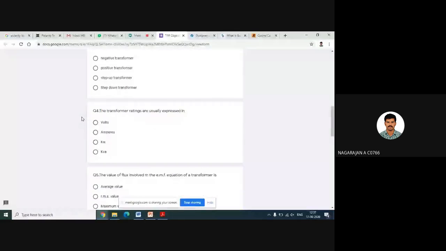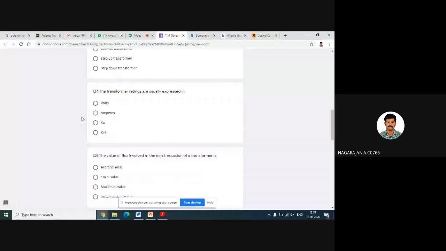The transformer rating is usually expressed in terms of: the given answers were volts, amperes, kilowatt, and kVA. What is the answer? No machine is rated in terms of voltage and current alone, so the first two answers are obviously not right. The answer should be either kilowatt or kilovolt ampere.